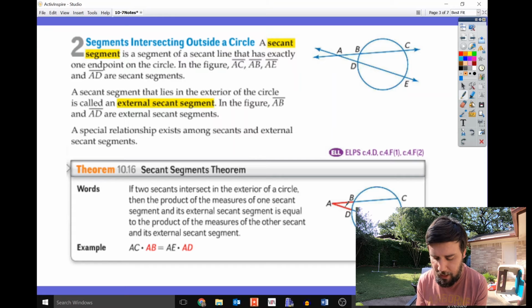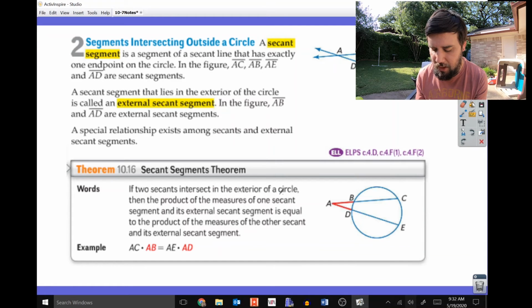Okay? So they're saying if two secants intersect in the exterior of a circle, then the product of the measure of one secant segment and its external segment, so the product of the whole piece and its external piece, for instance all of AC times the external piece, and I'm going to put EX for external, is equal to the product of the measure of the other secant, its whole piece, times its external piece as well.